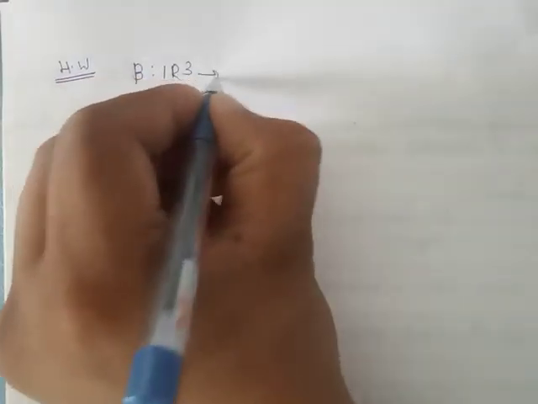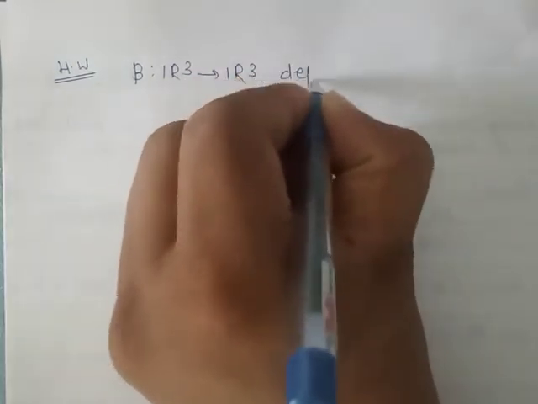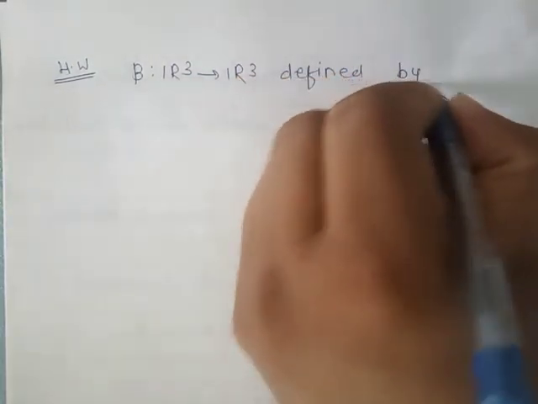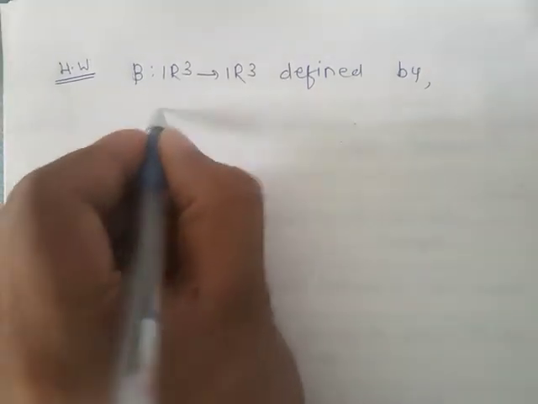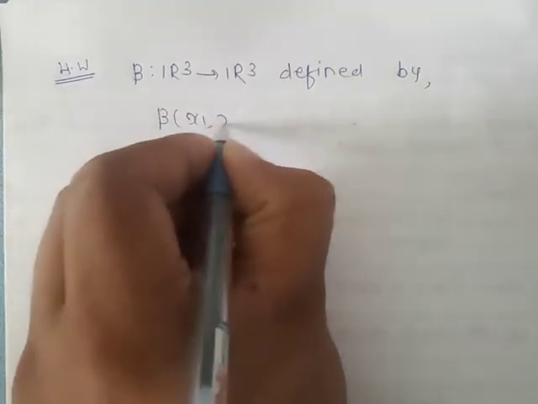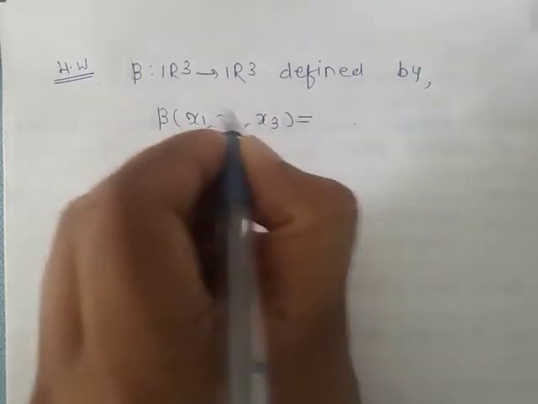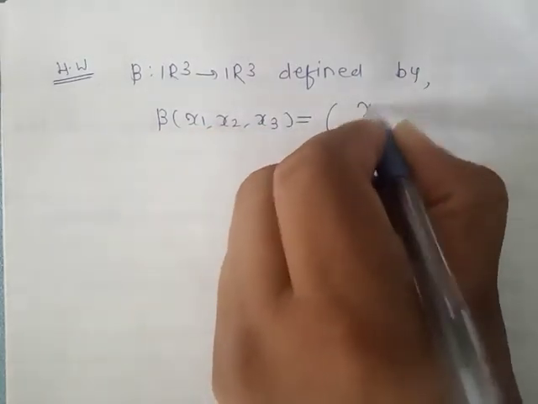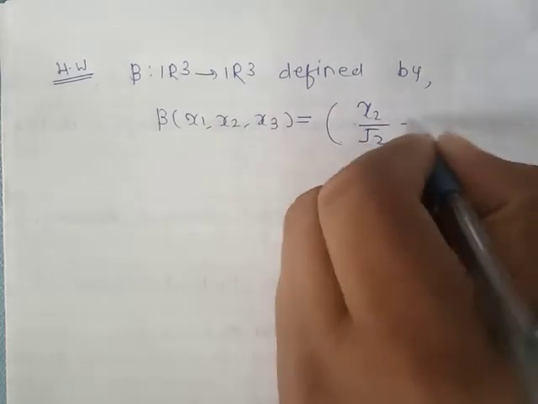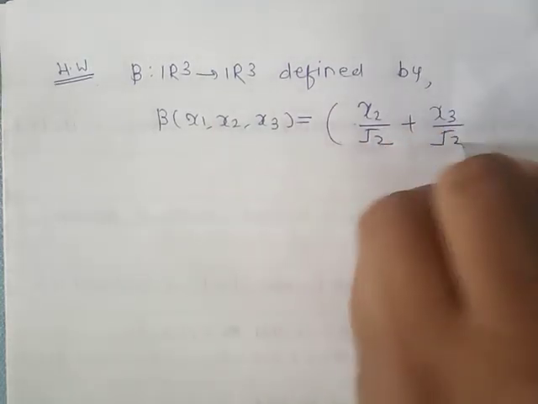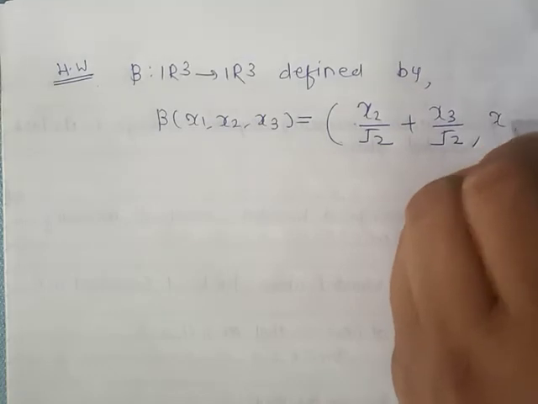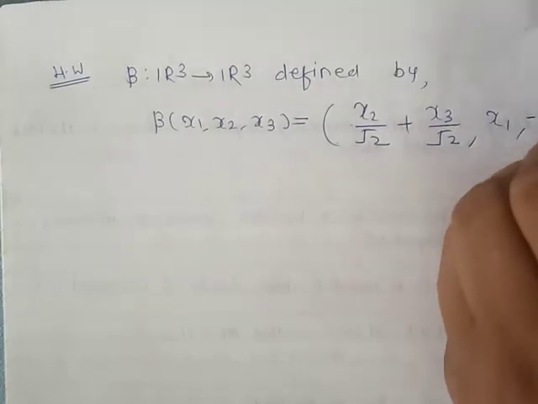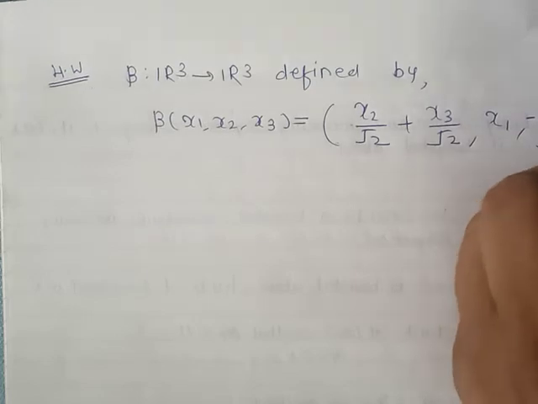Next example is for your practice. Beta from R cube to R cube defined by beta of x1, x2, x3 is equal to x1, x2 upon square root of 2 plus x3 upon square root of 2, comma minus x2 upon square root of 2 plus x3 upon square root of 2.